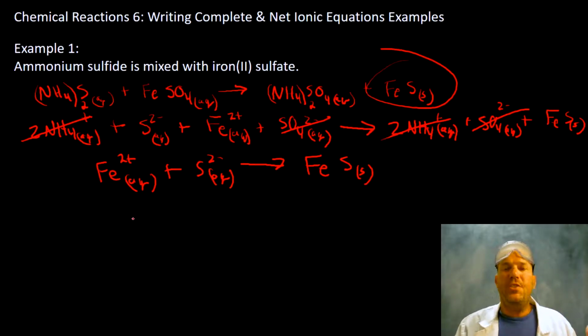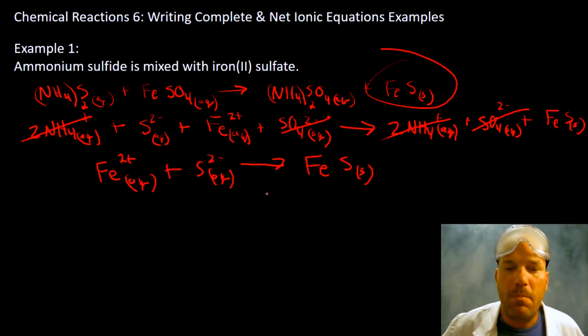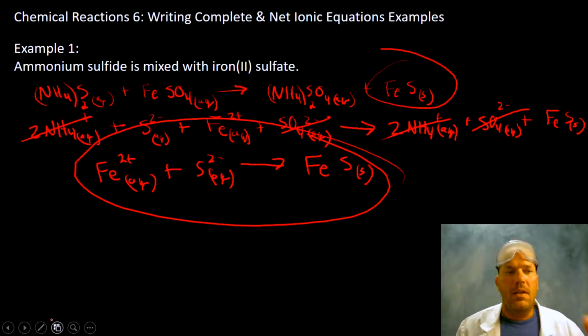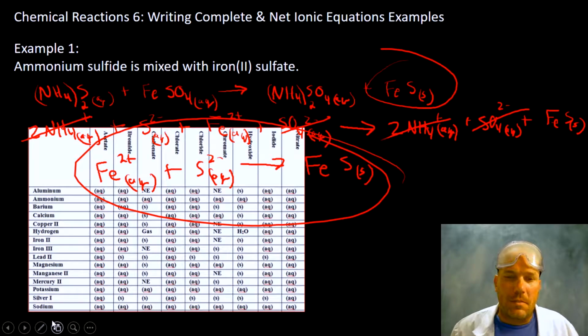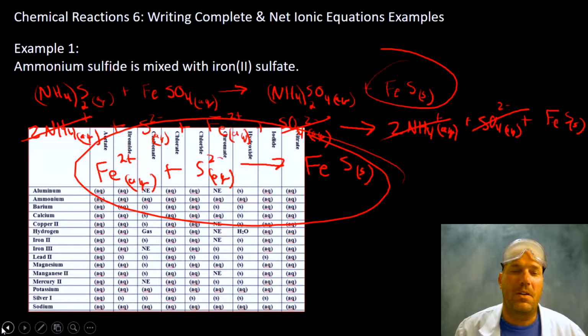So this is showing what's actually occurring when these compounds are mixed. This is your net ionic equation for this particular example. Better late than never. I guess I should also mention that you may want to use your solubility table throughout this podcast to determine which are solids and which are aqueous species.